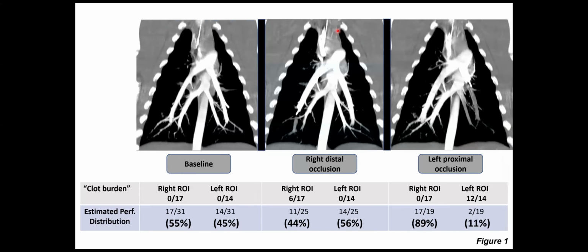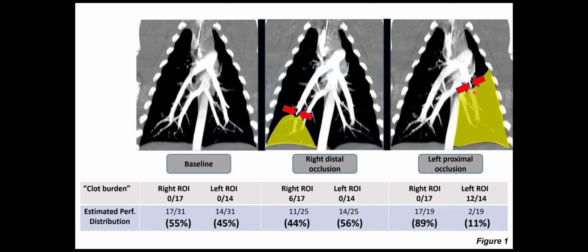So let's go back to our experiment and check what we got when using this model of pulmonary emboli. Remember, we caused some distal occlusion, which should block this part of the lung. And we caused proximal occlusion, which should block this part of the lung.